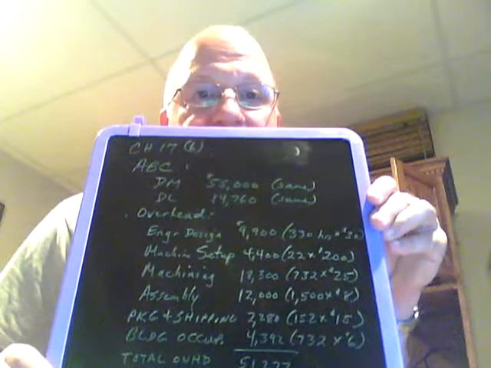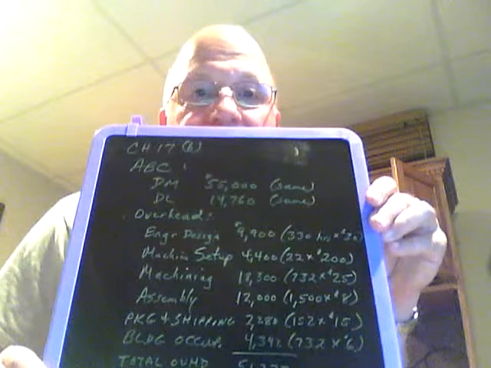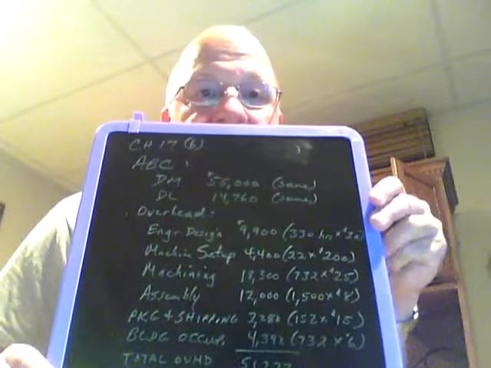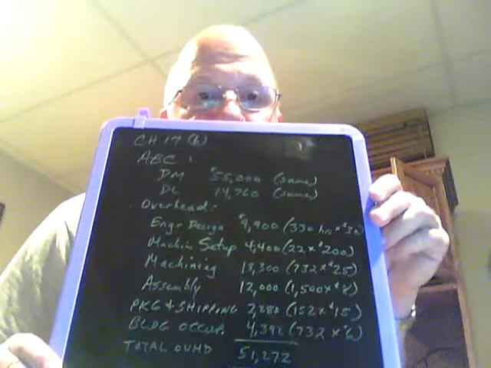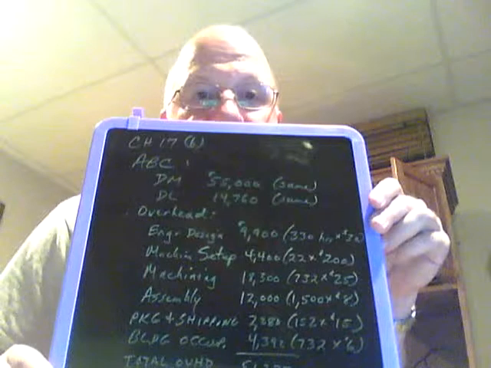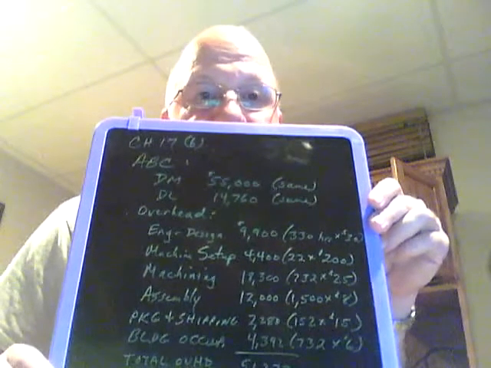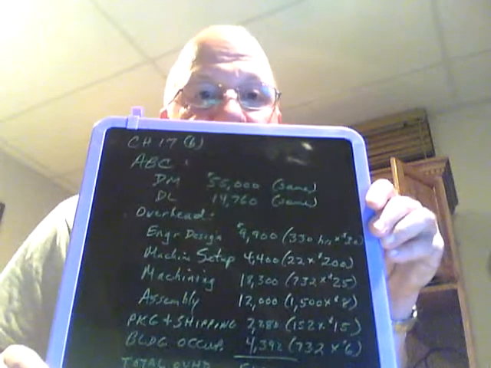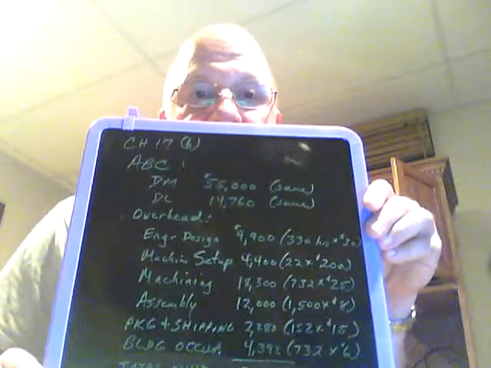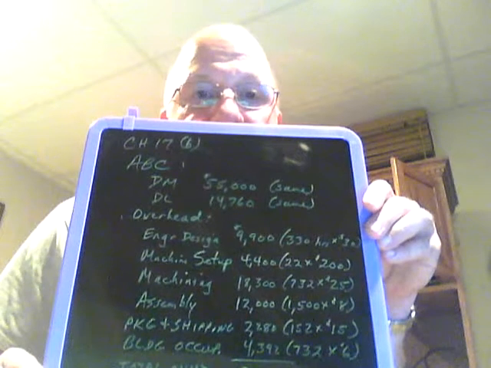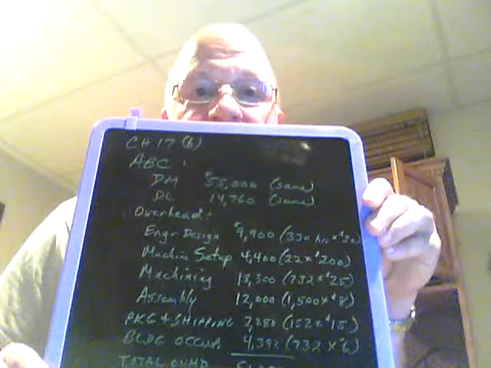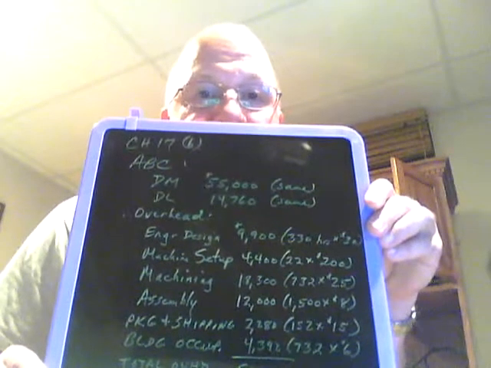So starting with engineering design, they gave us that 330 hours of engineering design was devoted to the treadmills at $30 an hour. That gives $9,900 of engineering design overhead charges. The machine setup, they gave us that there would be 22 setups involved with this production run of 150 treadmills, each costing $200.